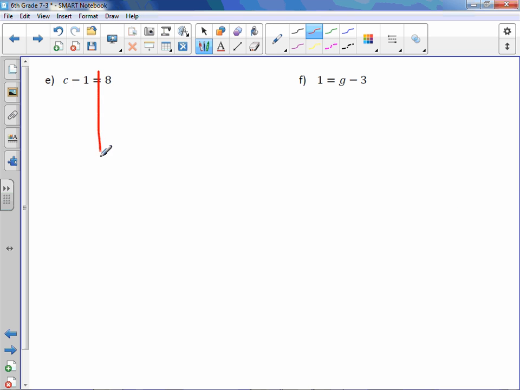Letter E, c minus 1 equals 8. Variable is on the left. I need to get rid of the minus 1, so I'm going to add 1. Do the inverse or opposite operation. C equals 8 plus 1 is 9. Letter F. My variable is on the right-hand side. I have g minus 3.